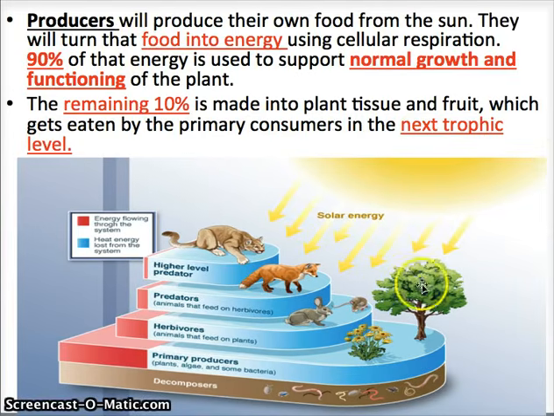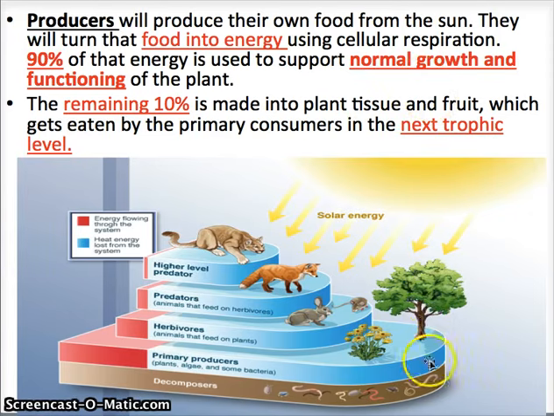So the producers are going to do their photosynthesis to produce food, and the plants will convert some of that food into energy, okay, using cellular respiration. The plant will use 90% of that energy to stay alive, to do things like grow, to function, to reproduce.